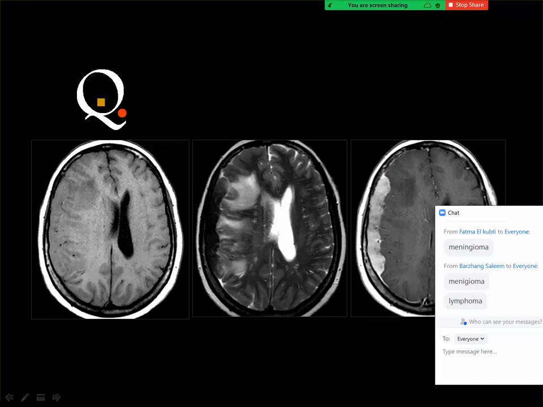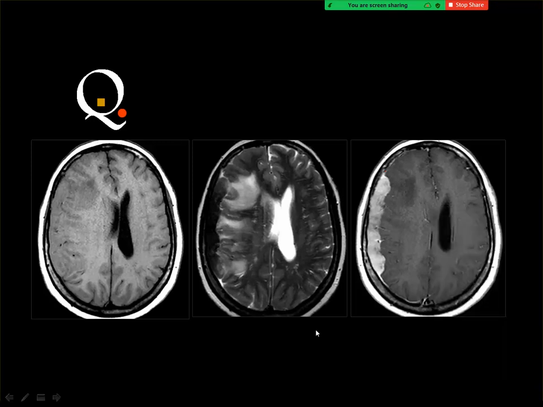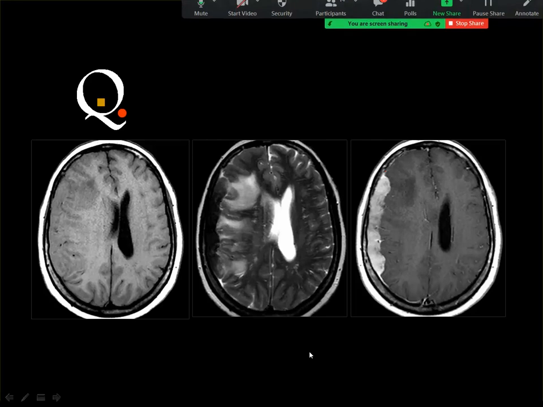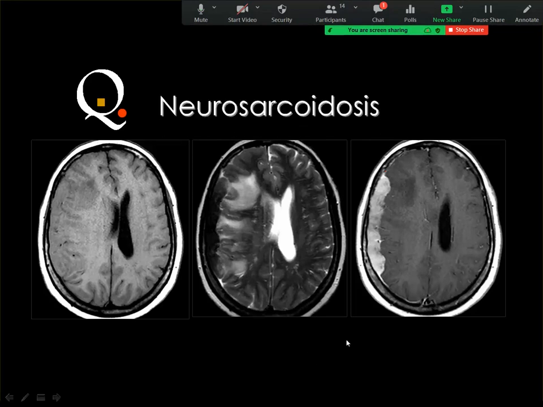You should think of another possibility like lymphoma, and this is a good possibility, leptomeningeal lymphoma, leptomeningeal metastasis, and the sarcoid. You should also include sarcoid if you see dark signal.